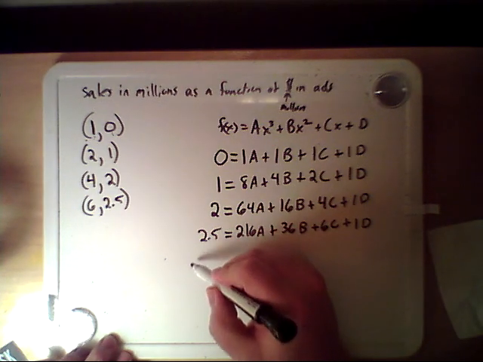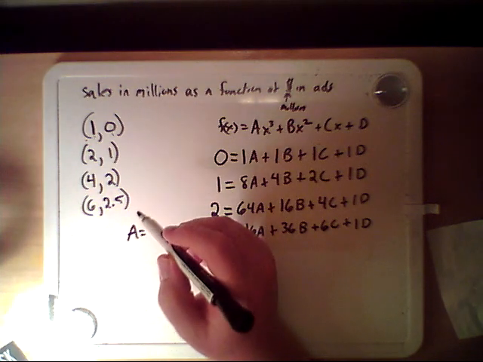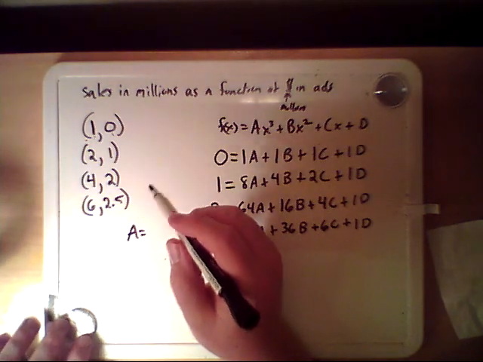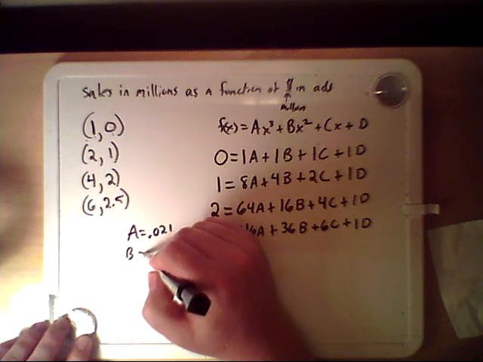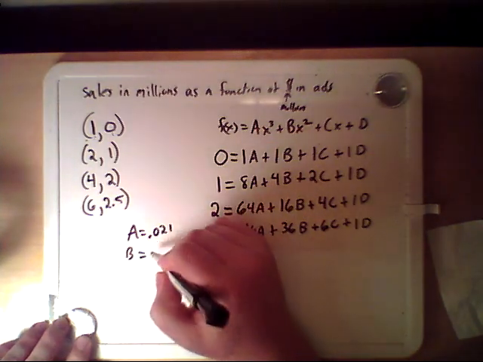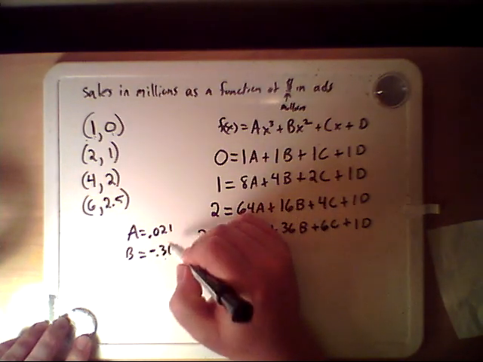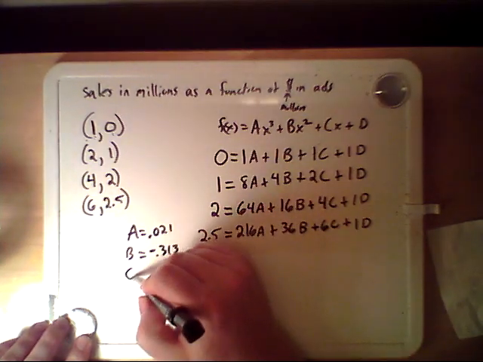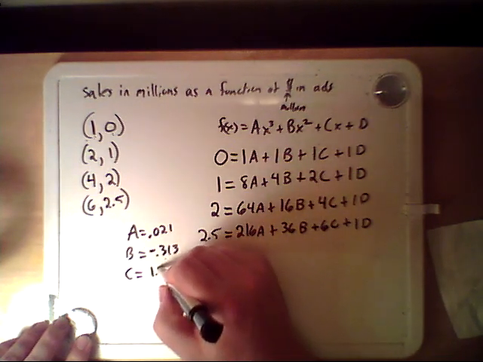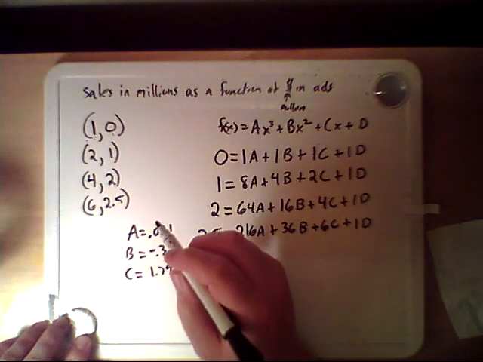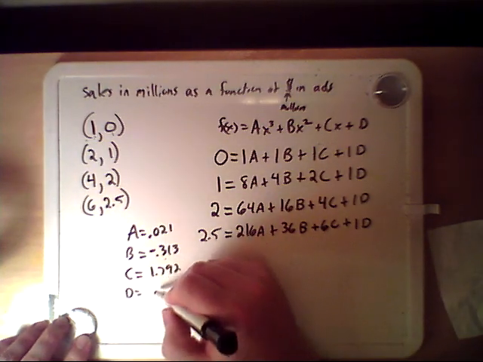And it tells you that A, we'll put it over here, A equals 0.021. It tells you that B ends up equaling negative 0.313. C ends up being 1.792. And D ends up being negative 1.5.